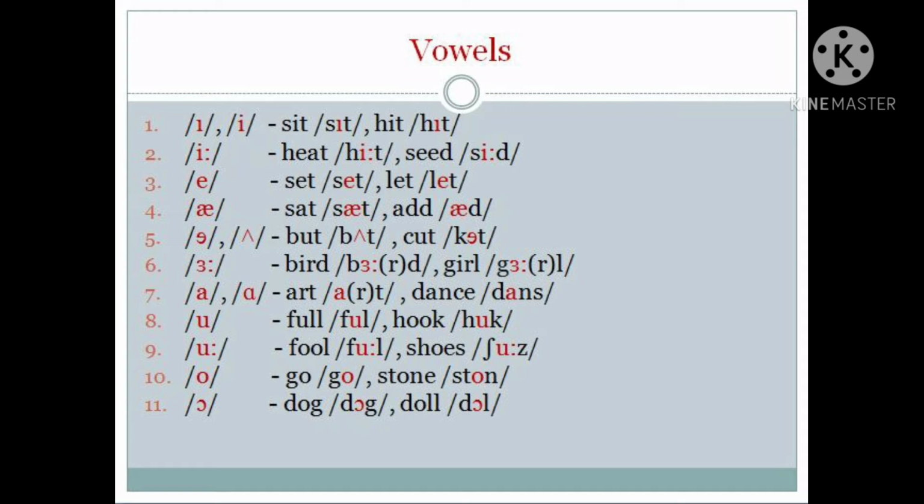When you pronounce the word sit, you will realize that there is a very short E sound right in the middle of it. The initial sound is S, followed by a very short E, and then followed immediately by the sound T. Hence, this is a short version of the sound E.